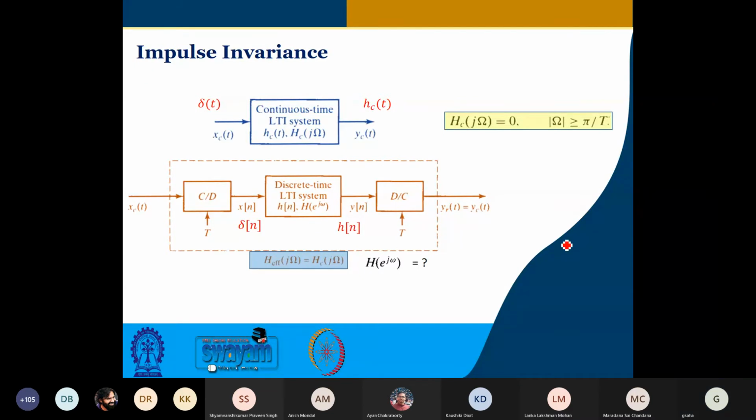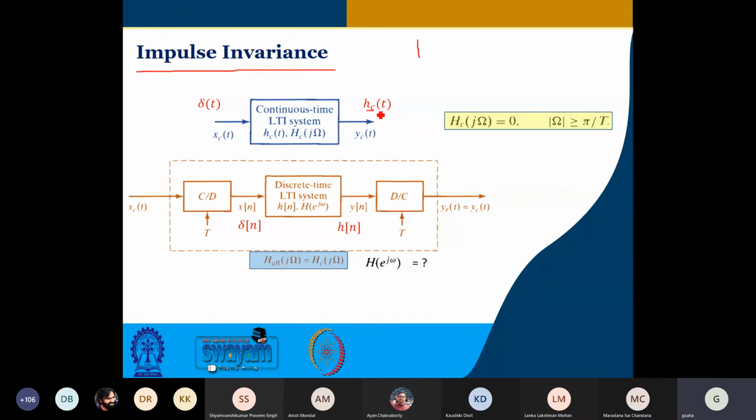Now, consider that. What we discuss now is called impulse invariance. Here we are trying to look at a continuous time system that we want to implement or mimic or realize in the discrete time domain using DSP hardware.